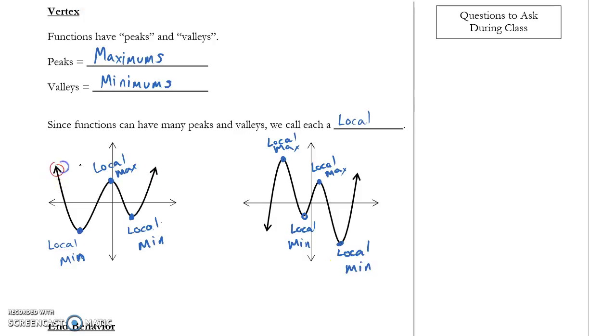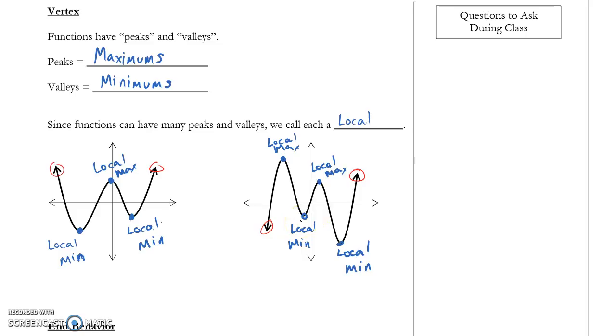What about these arrows? Here, here, here, and here. Those don't get counted as maximums or minimums, because what they represent is that this is pointing up. It's going to continue going up forever and ever, and this one will continue going down forever and ever. They're not considered maximums or minimums, because they don't change direction.